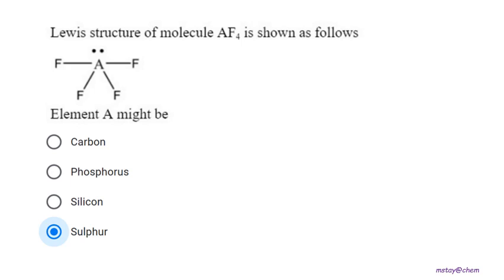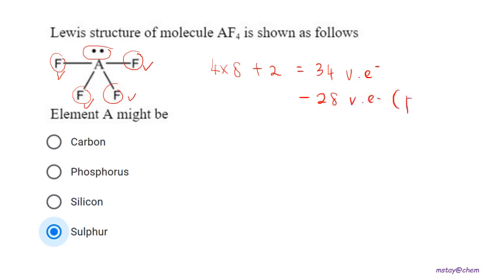AF4 is shown as below. Based on this Lewis structure, we know there are 4 terminal atoms. Each terminal atom is going to achieve octet, so 4 times 8, and then plus 2 for the lone pair electrons, so the total is 34 valence electrons shown in the Lewis structure. But fluorine has 7 valence electrons, and we have 4 fluorines, so 4 times 7 means 28 valence electrons are from fluorine.